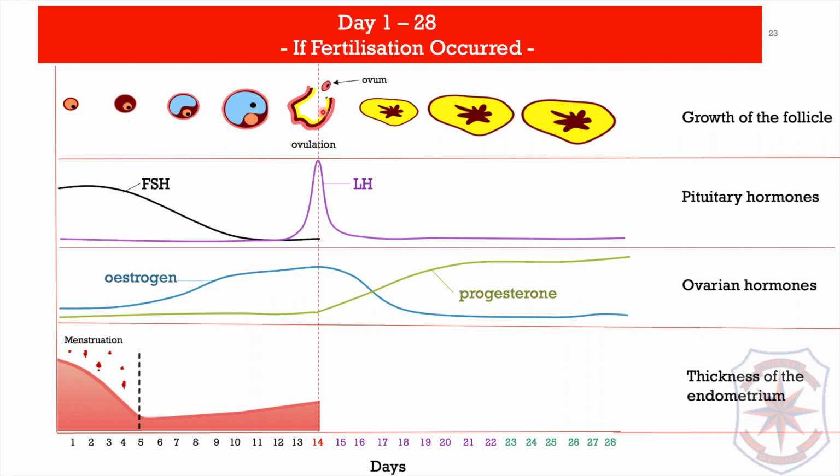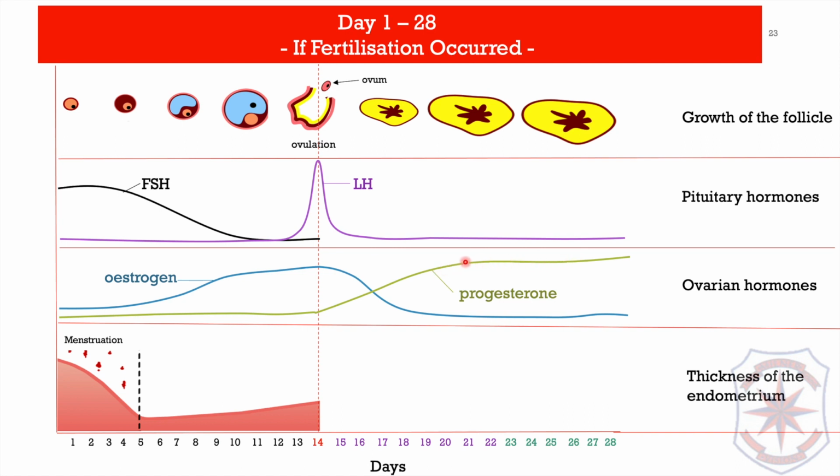Now, after ovulation, we have a corpus luteum, the thing that secretes progesterone. So we expect progesterone levels to rise. Now, when the size of the corpus luteum remains the same and it does not degenerate, progesterone levels will continue to be high.